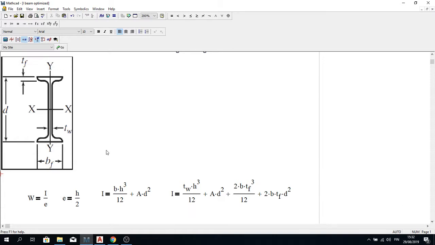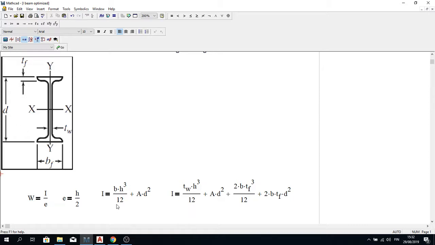Generally, it's the distance from the neutral axis to the edge of the flanges. In our case, it's a symmetric section, so this is why it's the height of the I-beam, which is indicated with D here, divided by 2.